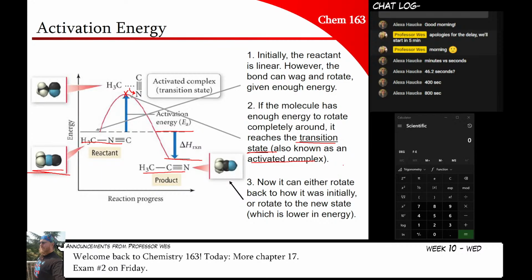And then once you get to the final product, it will either remain that way, or if we hit it with enough energy to rotate it back to how it was, which would then require this much energy to do, it could turn back into a reactant. It does require more energy to do that because the products are lower in energy than the reactants.